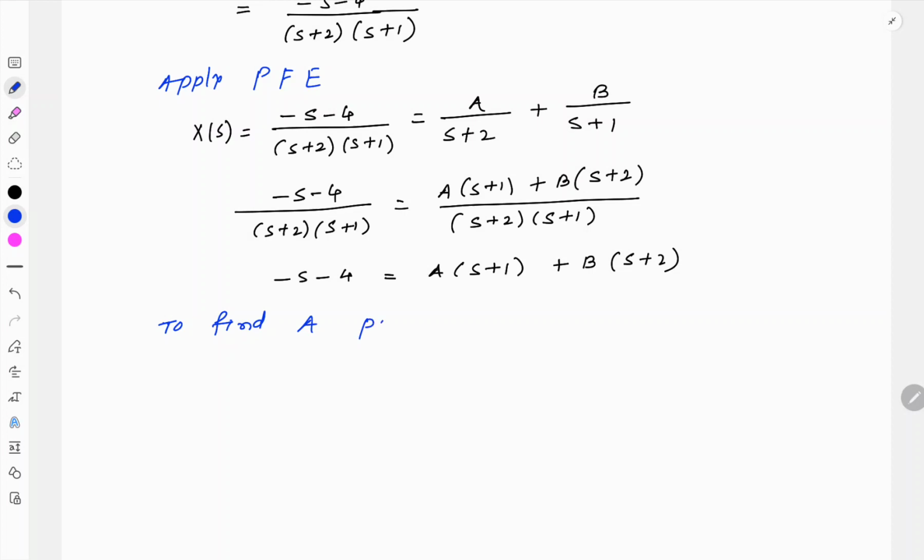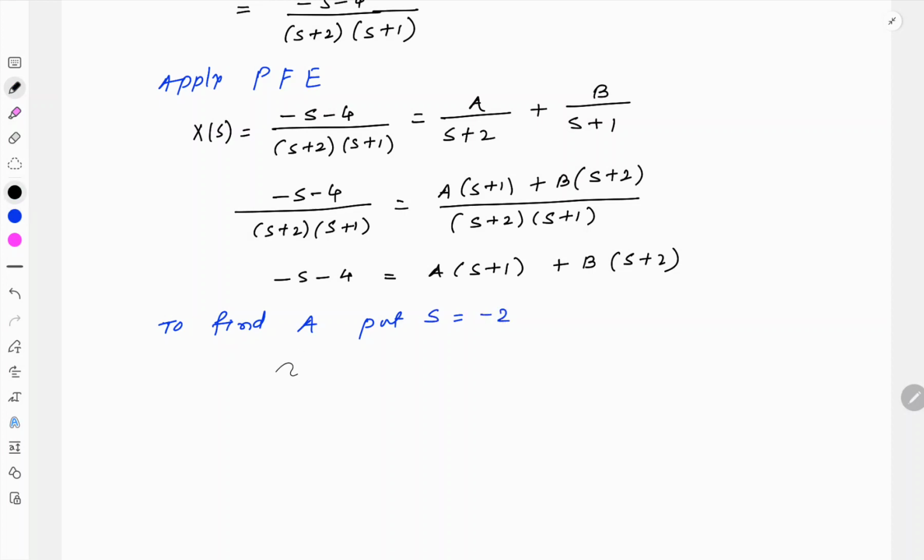Now we are supposed to find out A and B, so use the same logic. To find A, put B equal to, so we have to make B term 0. The bracket related with B is s plus 2. To make it 0, we have to substitute the value of s. So to find out A, s should be equal to minus 2.